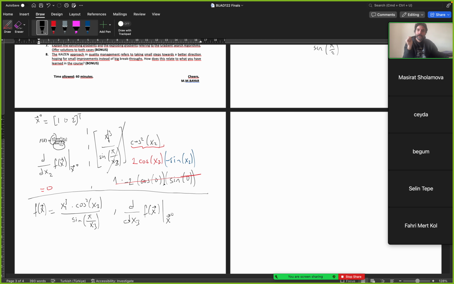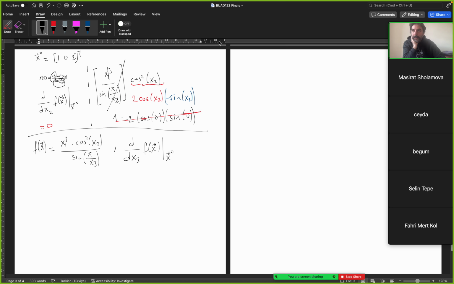So let me just do it. When I begin, I see that this is just a constant and that is another constant. And I can just rewrite this function as x1 cubed times cosine squared of x2 times sine to the power negative 1 of pi over x3. Is this clear?